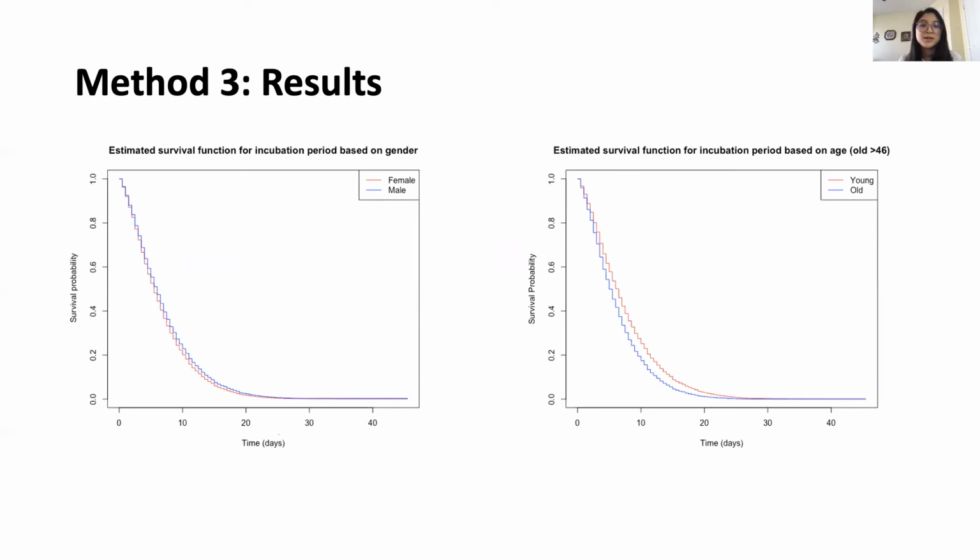Looking at the figures, the survival probability at 14 days is about 0.1 in general, while it is about 0.15 for the younger group, or 15% of young people having the incubation period after 14 days, which suggests that the young group should have a longer quarantine period than any other subgroups.